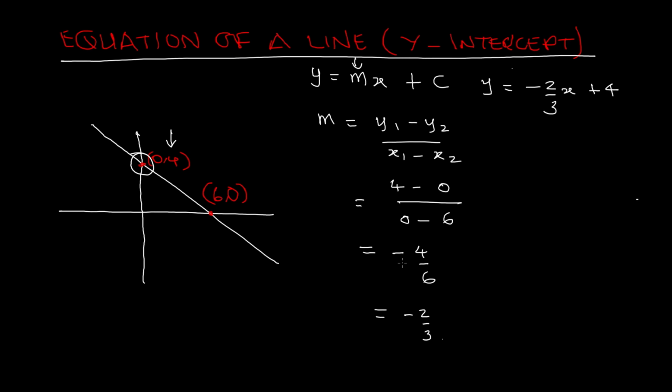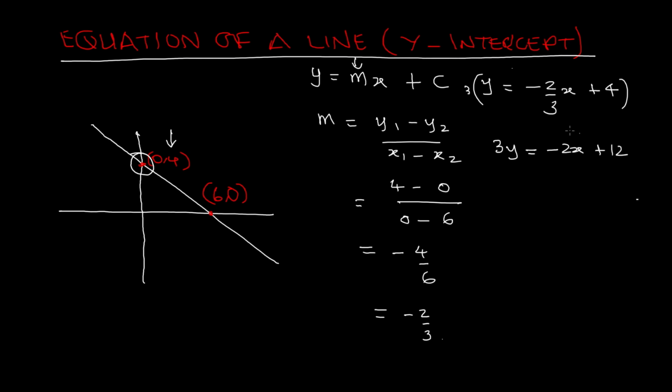I can change this a little bit by multiplying throughout by 3 to remove the fraction. So if I multiply this whole equation by 3, I'll get 3y equal to negative 2x plus 12.